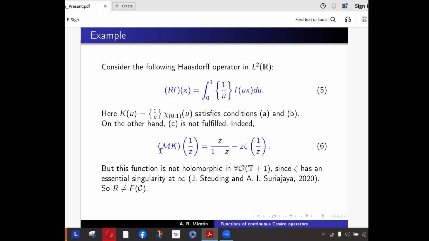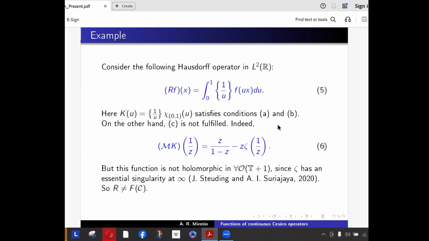Moreover, the Mellin transform of this kernel, of 1 over z, is equal to the following function 6, where zeta stands for the Riemann zeta.